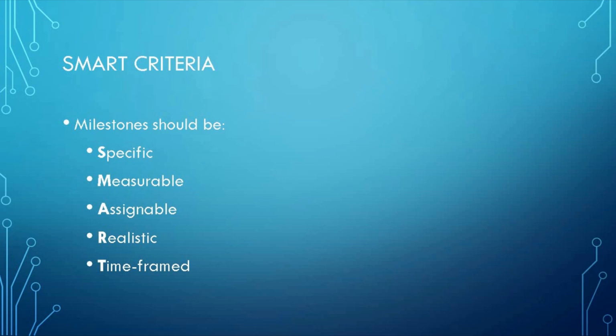M for measurable. It's important to have measurable goals so that you can track your progress and stay motivated. Assessing progress helps you to stay focused, meet your deadlines, and feel the excitement of getting closer to achieving your goal.